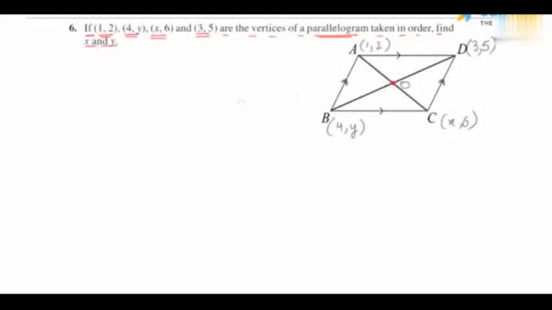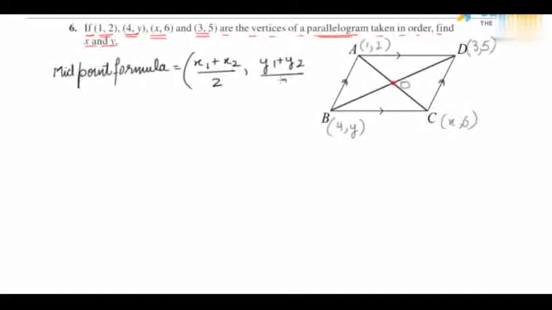So m1 and m2 are 1. It means it will be just (x1 plus x2) by 2, comma (y1 plus y2) by 2, because m1 is 1, m2 is 1. So 1 plus 1, it will be 2 in the denominator.